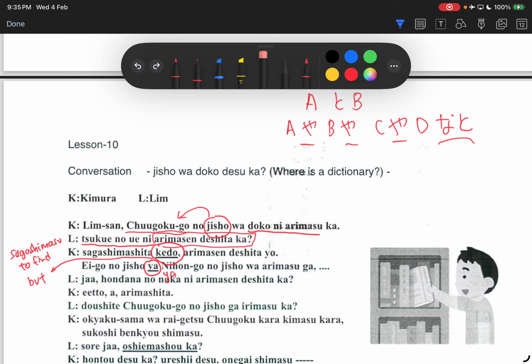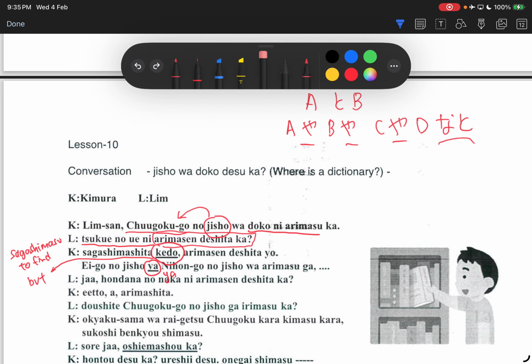The reason why we didn't finish is basically trying to say on one hand there is an English dictionary and a Japanese dictionary. Then on the other hand there isn't any Chinese dictionary. So that is the second part of the sentence. But we already know there is no Chinese dictionary, so why would you want to say the second half of the sentence, right? Yeah, so that's why we stop at ga.